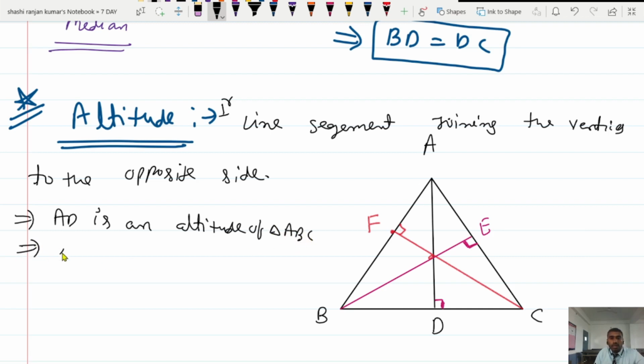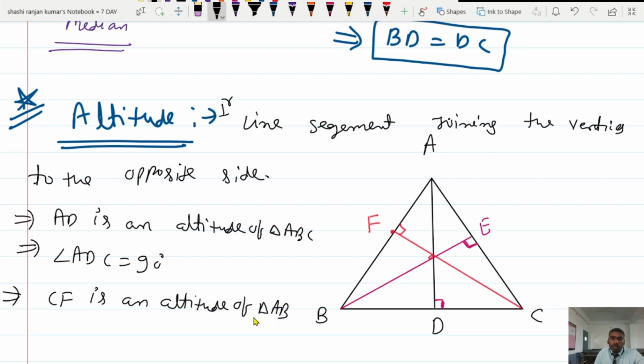That is, angle ADC is equal to 90 degrees. Similarly, we can say CF is also an altitude of triangle ABC. So what is the meaning of that?